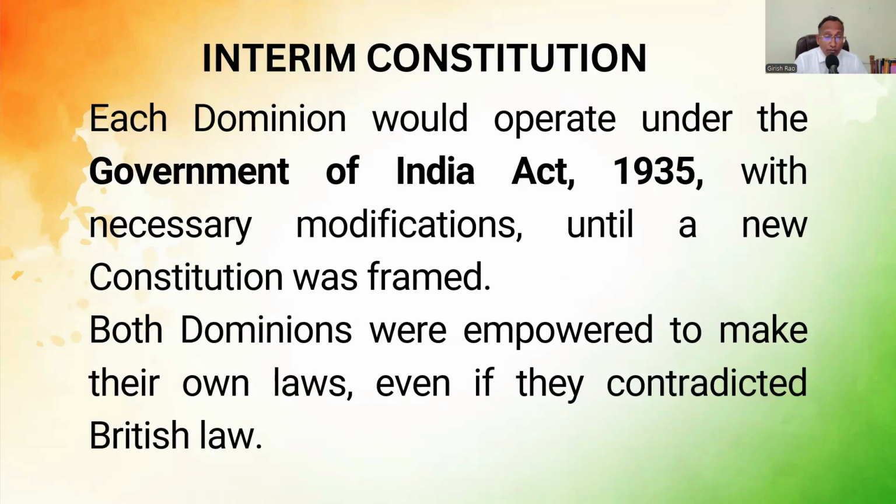Then, as I told earlier, India was governed by the Government of India Act 1935. So when we got freedom in 1947, we didn't have any act of our own. Under the 1947 Indian Independence Act, the Government of India Act was to be operative till it was modified, or till respective countries like India or Pakistan enacted a new constitution.